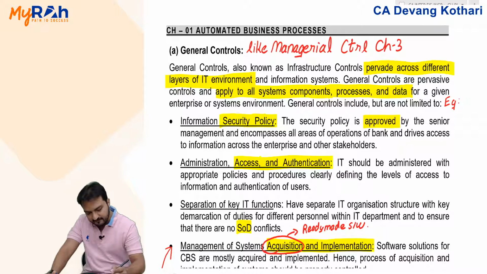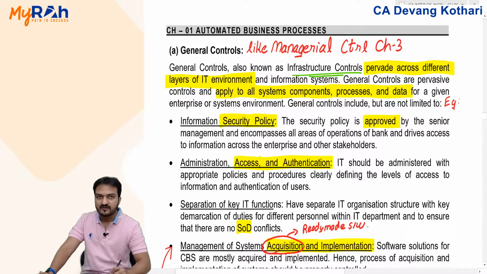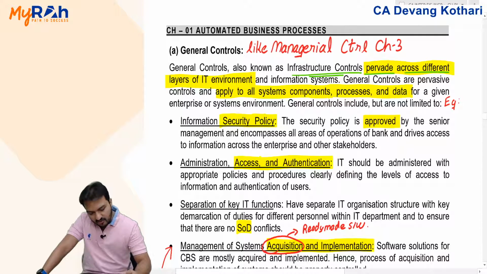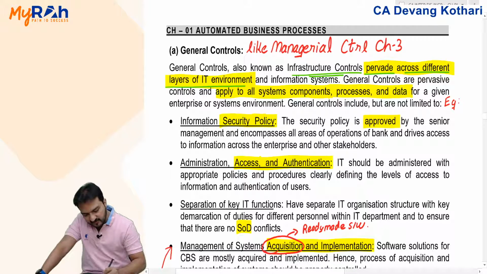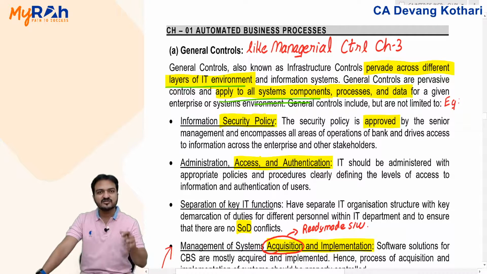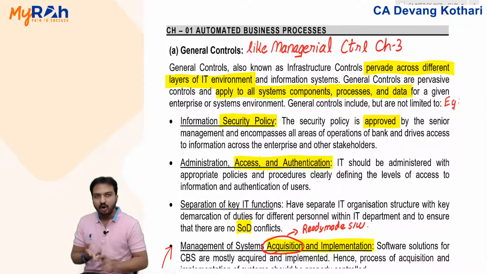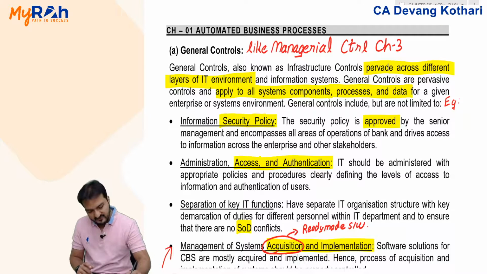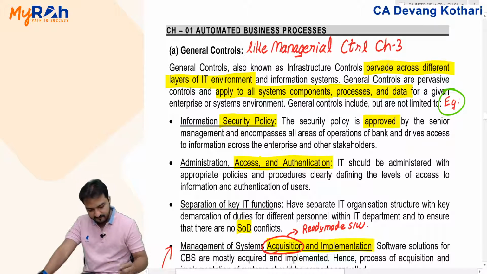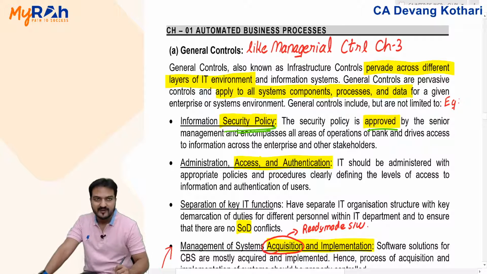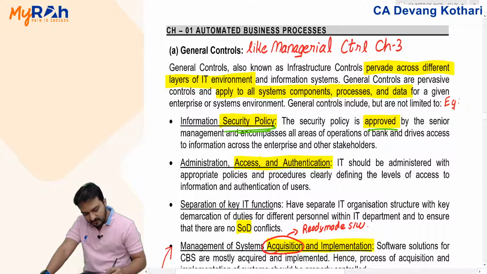Look, we'll revise. General controls are known as infrastructure related controls. They pervade across different layers of the IT environment and apply to all system components, processes and data. For example, the information security policy should be approved by the senior management.